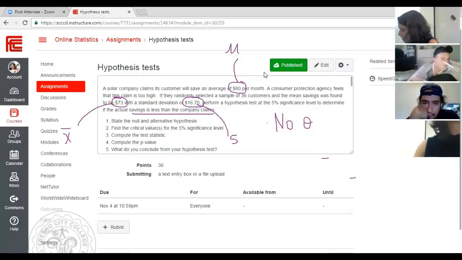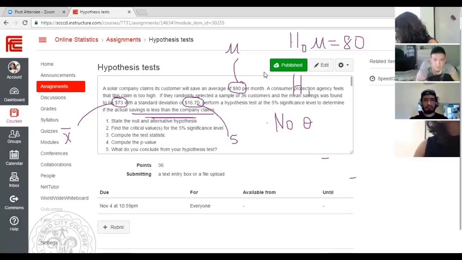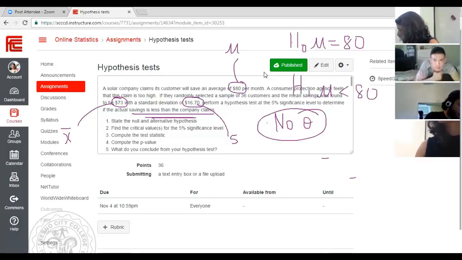So we're seeing the null is it equal to 80? And then the alternative is less than, so mu is less than 80. And because we have no sigma, this is a t-test.